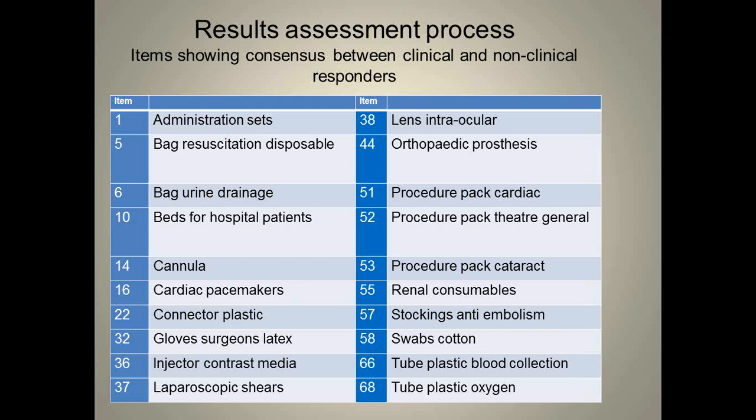So we asked clinicians, but we also asked people involved in purchasing to rate these items, and then we looked at the consensus across different disciplines, and these were the kind of items that came up as being very important if supply of these items was threatened in some way. So I'll just give you a moment to have a look at those items. You'll be very familiar with them from your clinical practice.